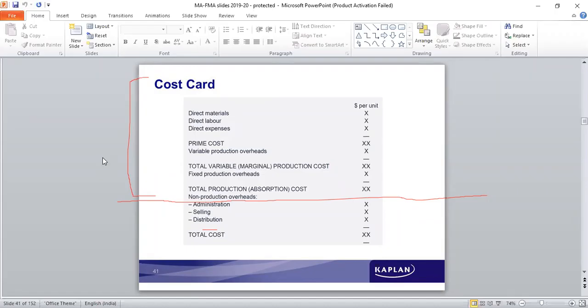Since this is a time-consuming process of dividing all the items of overhead cost to the products, see, if there are 10 items, 10 times they have to divide and distribute. So what is done in the conventional method of costing?